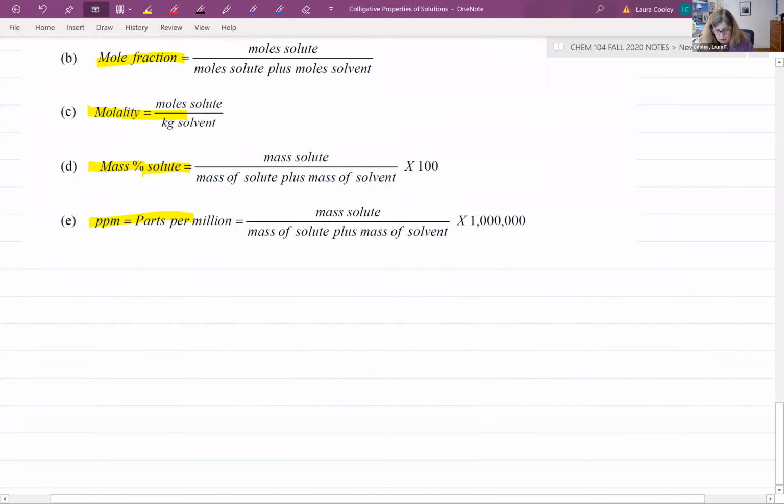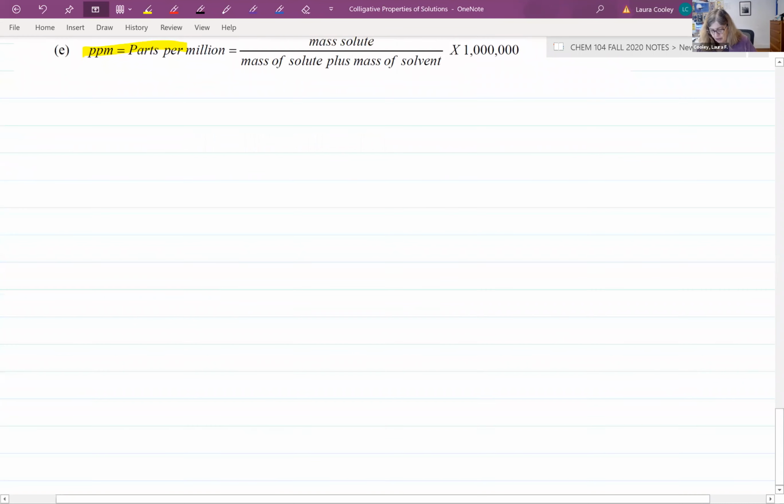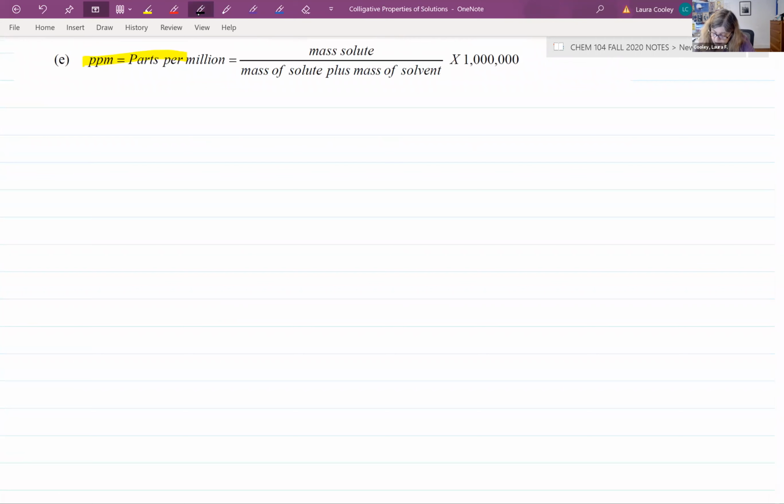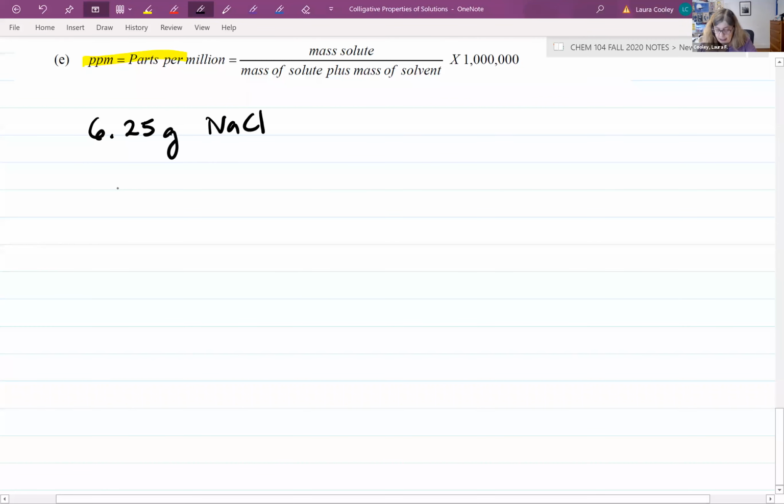So I'm going to go on because I have my own example for you to do. Let's suppose we have 6.25 grams of sodium chloride, and we dissolve it in 400 milliliters of water.